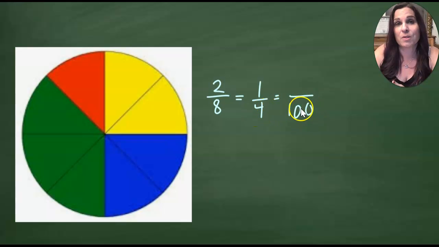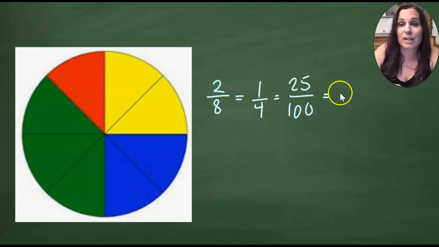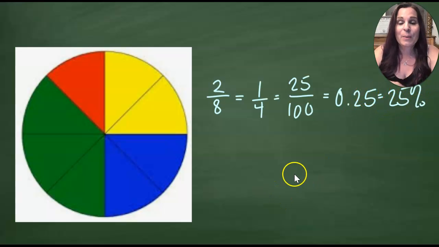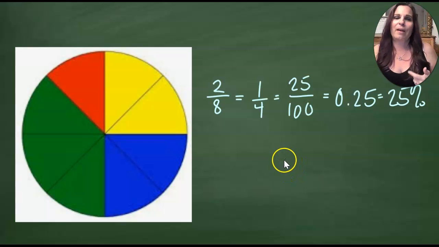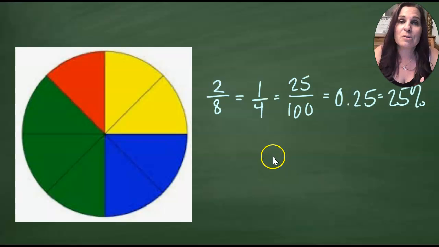So 4 times 25 is 100. So 1 times 25 would be 25. Or you can write it in decimal form, or you can write it in percent form, whichever you prefer. But for this next step, we're going to want to have it either in fraction or decimal form, because now we're going to do some calculations with this probability.